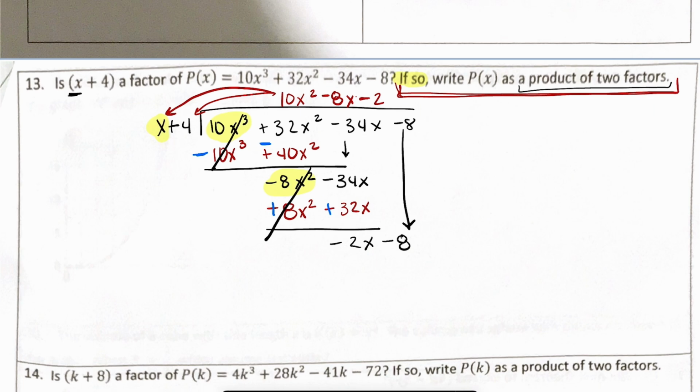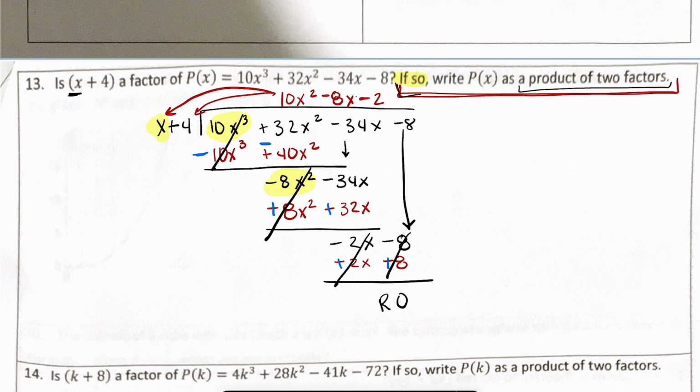So we multiply negative 2 times x and negative 2 times 4, which is negative 2x minus 8. And then we distribute the negative, which would make it flip the signs here. And we come up with no remainders. So therefore, x plus 4 again is a factor because the remainder is 0.